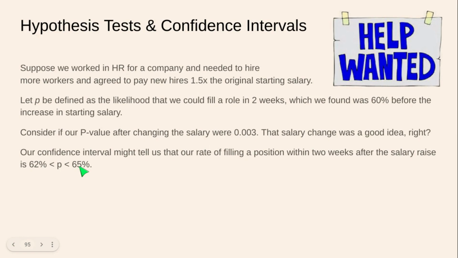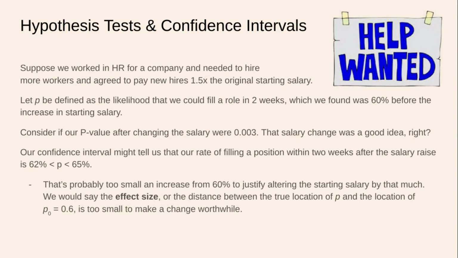So is our result significantly different than 60%? Apparently, yes. That p-value seems to say as much. But what does significance look like? 5% at most? Even if it is significant, I don't think it's worth making that change. That's just too much of a cost. So that's probably too small of an increase from 60% to justify altering the starting salary by that much.